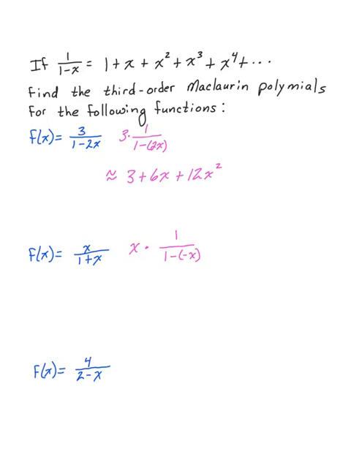And we do that because we've got to get it into this format right here, 1 over 1 minus something. So in this case, that something is going to be negative x. That means wherever we see an x, we're going to replace it with negative x. And then we multiply the whole polynomial by x.